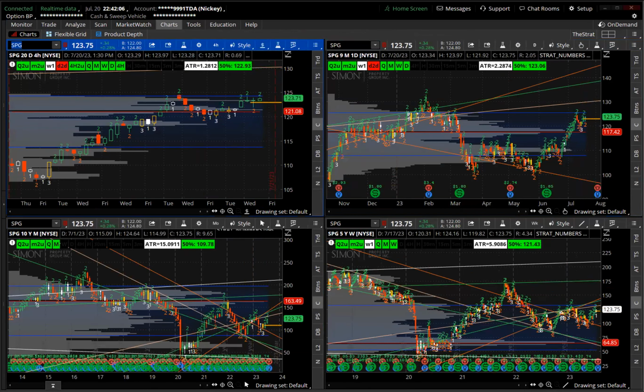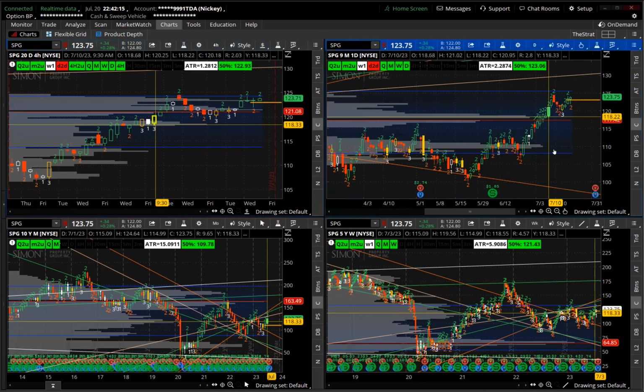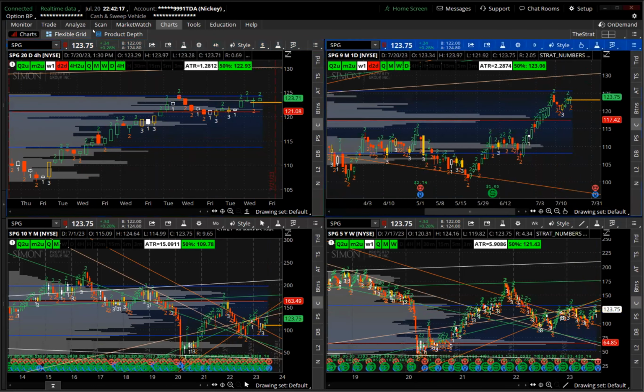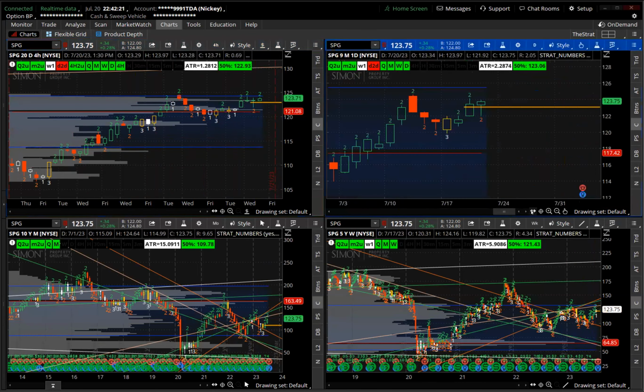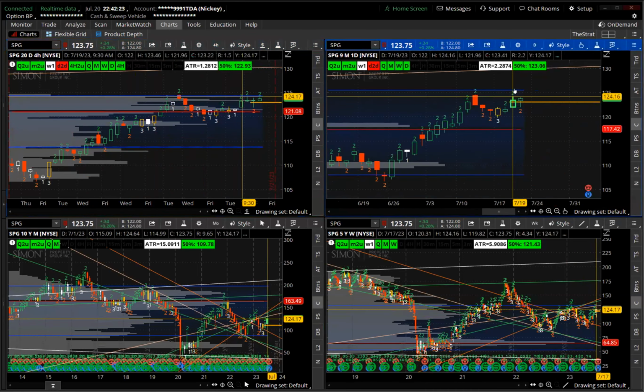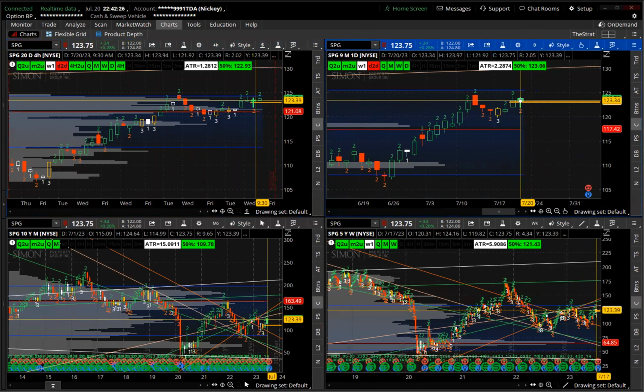FICO, you want to go over this one or you chilling? All right, so guys, FICO was saying the 2-2 day on this one, 2 down, 2 up reversal potential.